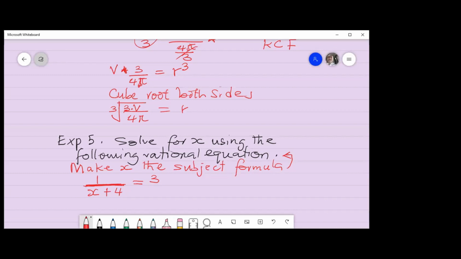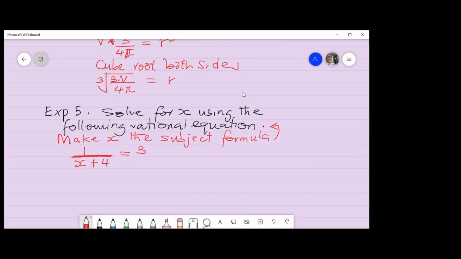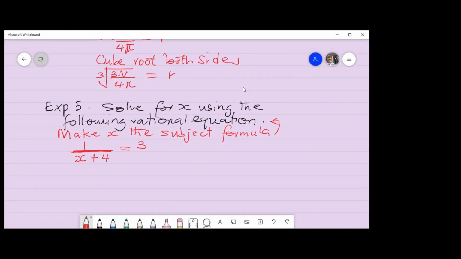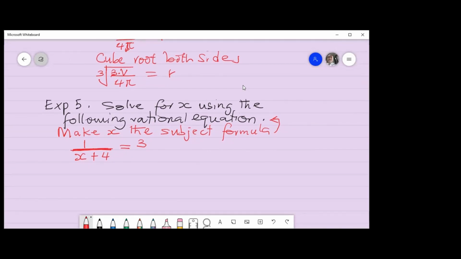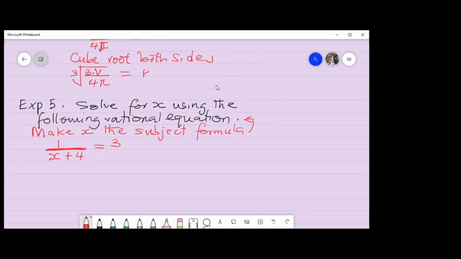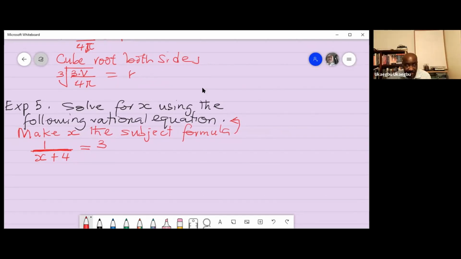Then it was 3 times 1, so now it's equal to x plus 4. Then to remove 4 from x, I subtracted 4, and I got x is equal to 3 times 1 minus 4. Okay, that's a good idea.